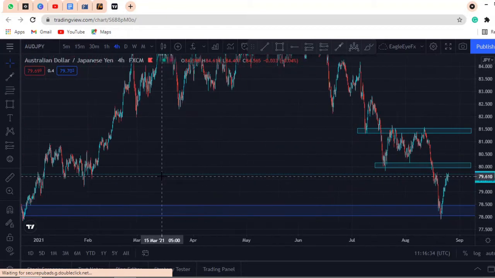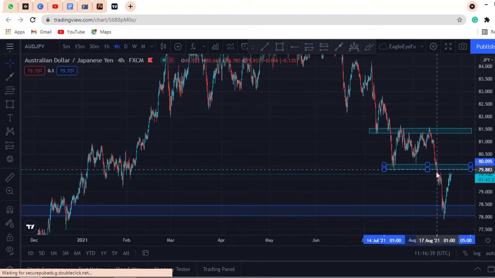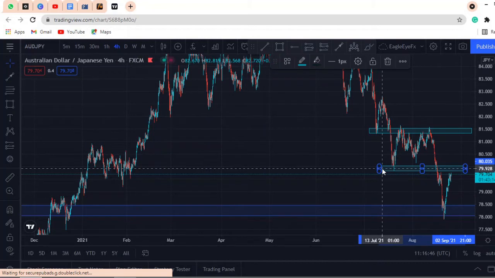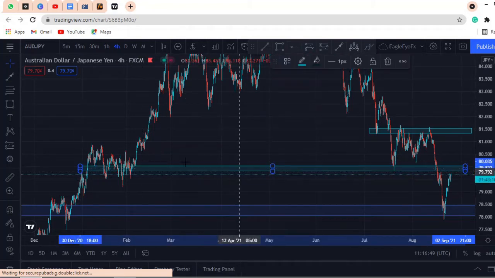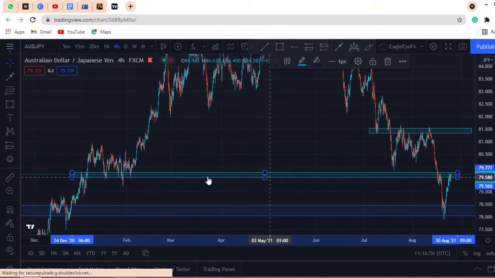Now if I try and zoom in, you can see that this level here, if I just maybe reduce it a bit, you can see that this level is almost, yeah, so we can mark that level that way.